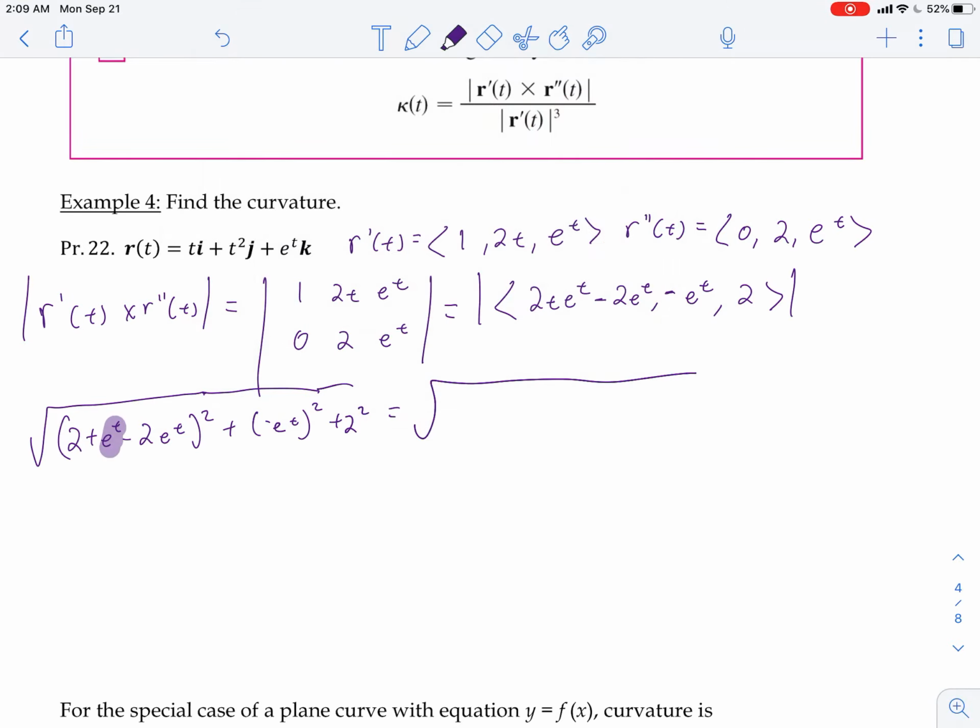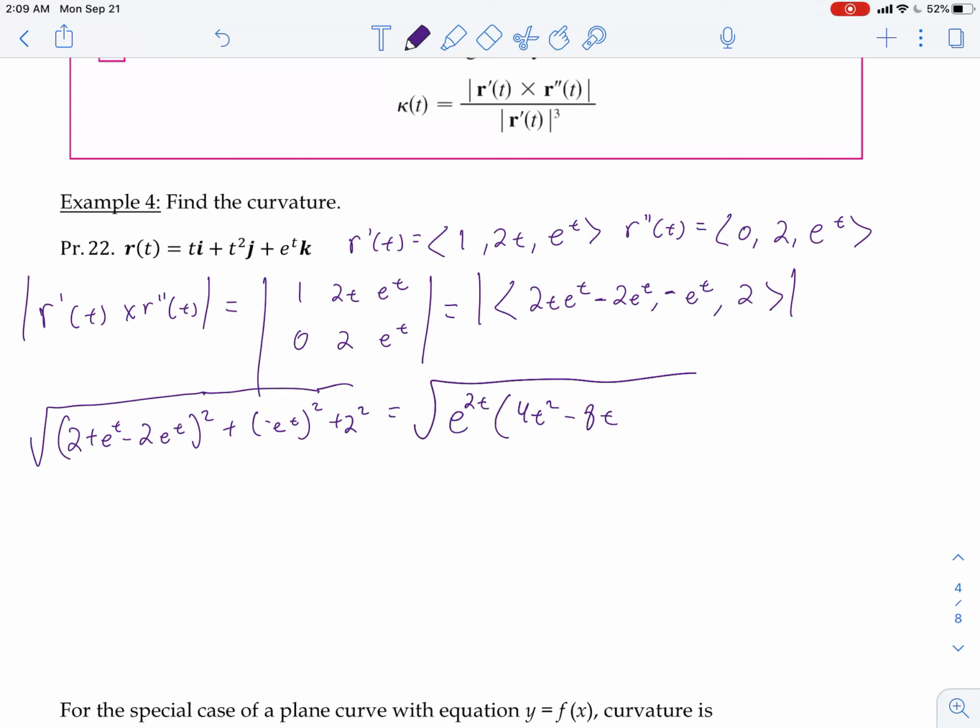What I can do is take out those e to the t's, and then they're all going to become e to the 2t. To simplify, I'm going to pull out e to the 2t, and I'm going to be left with 2t squared, which is 4t squared.